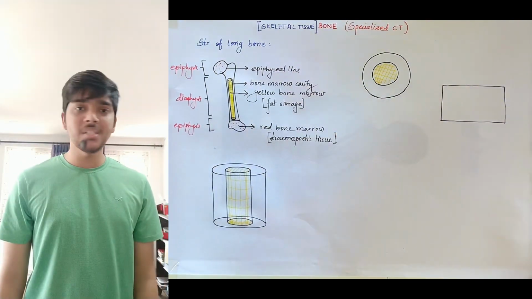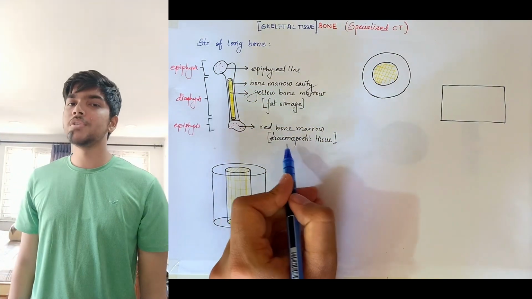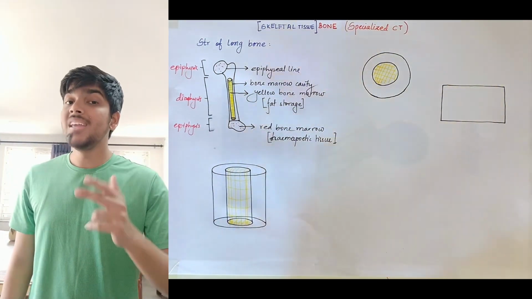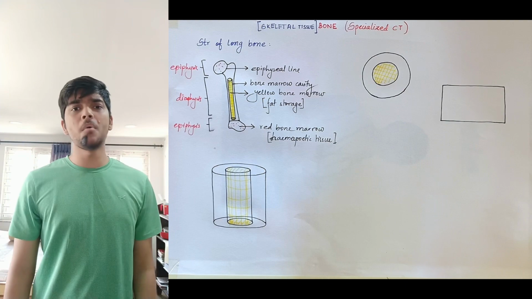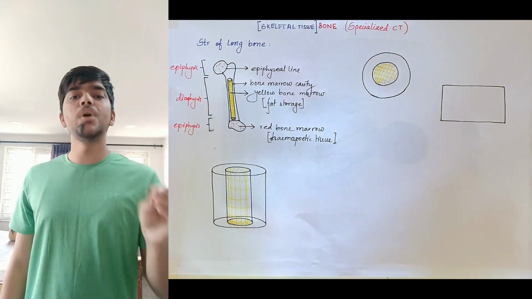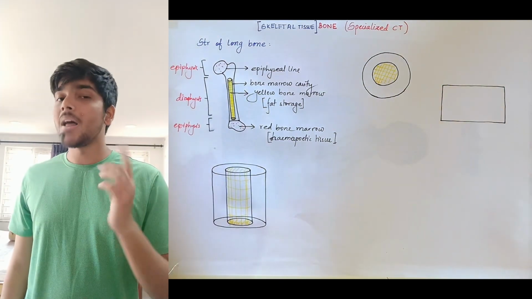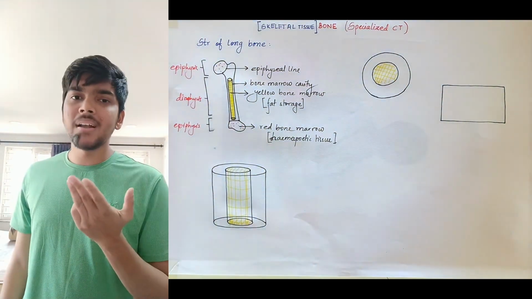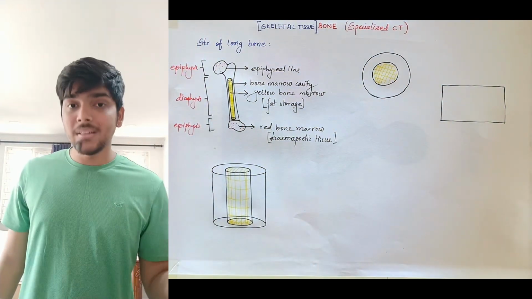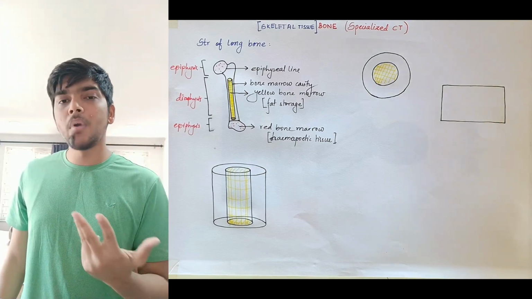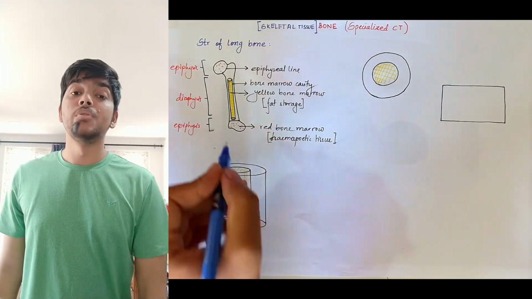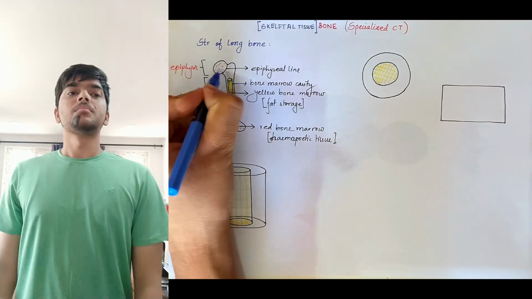What's a hemopoietic tissue? Hemopoietic tissue is that tissue that shows hemopoiesis. What's hemopoiesis? It is the process by which blood cell formation takes place. In blood, you have RBCs, WBCs, and platelets as the blood cells, and these three types of blood cells are formed in your red bone marrow.